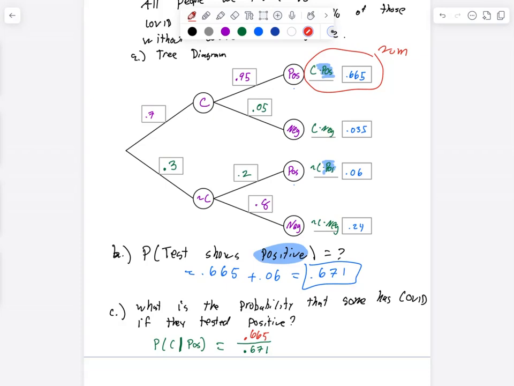And so this is what was happening in the early stages of when we were going through that pandemic. The test wasn't 95% accurate. I think in the beginning the test was like 60% accurate. It was even worse. It was only catching COVID like 60% of the time. So just because the test came out positive didn't mean you actually had it. You had to do further tests.